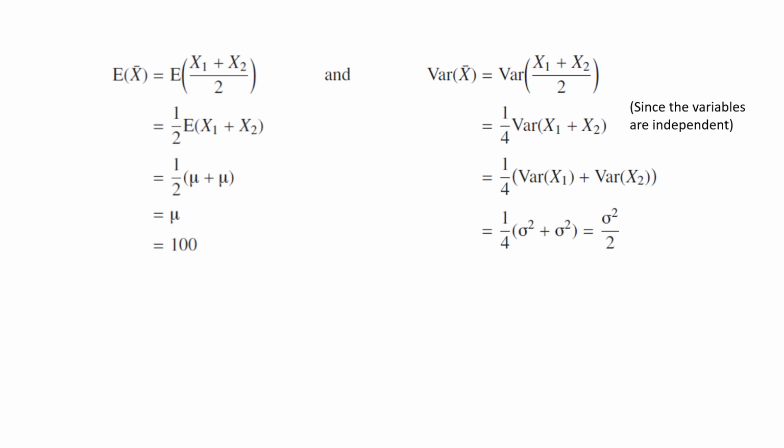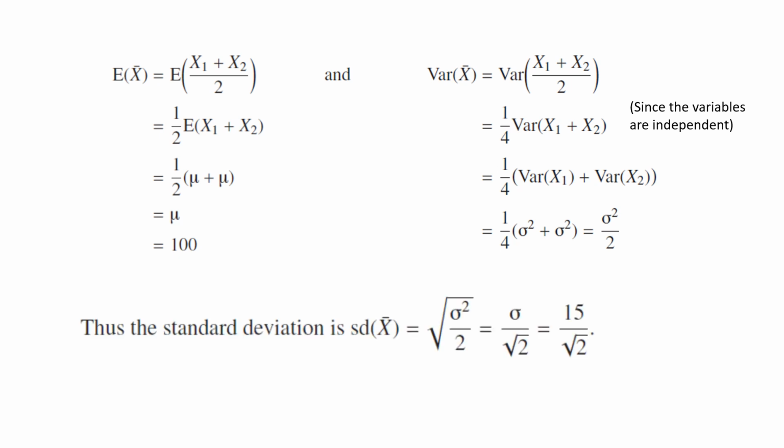Using that property for variance, a half as a common multiple of x1 and x2 becomes a half squared outside. So it's a quarter of the variance of x1 plus the variance of x2, which leads to the variance of x divided by 2, or sigma squared divided by 2.